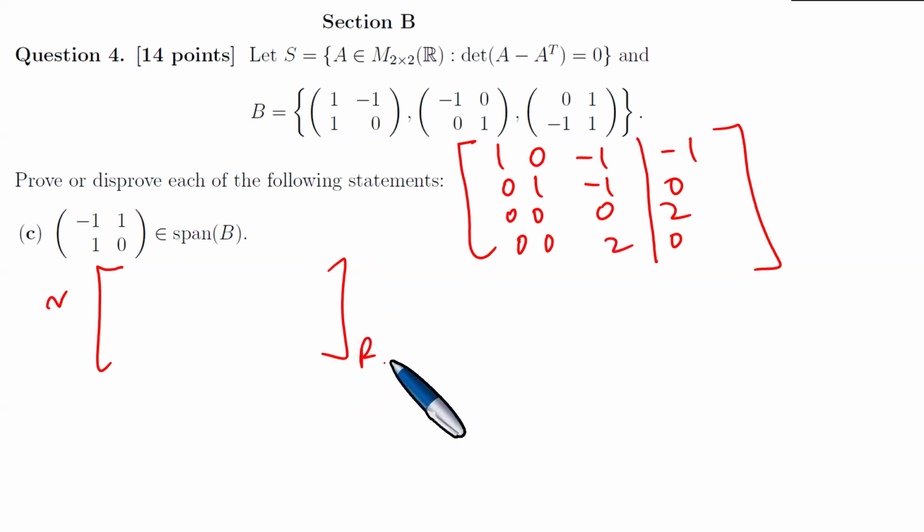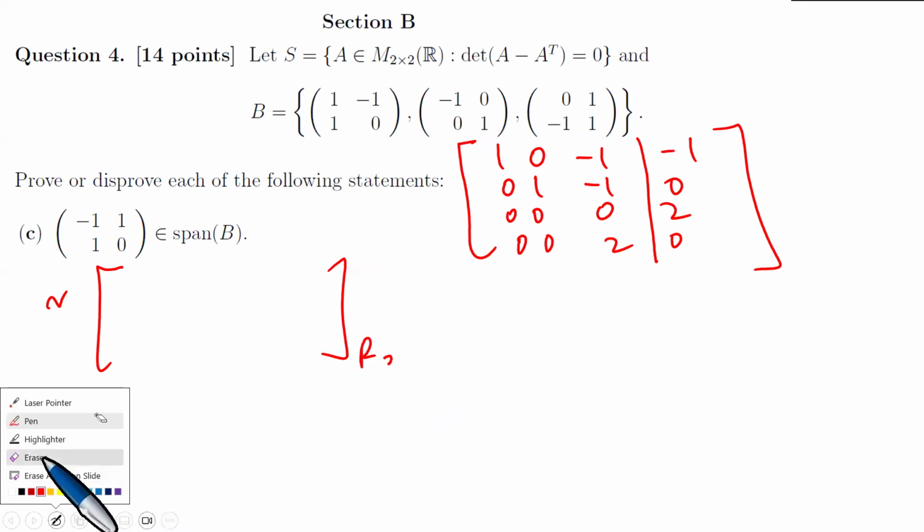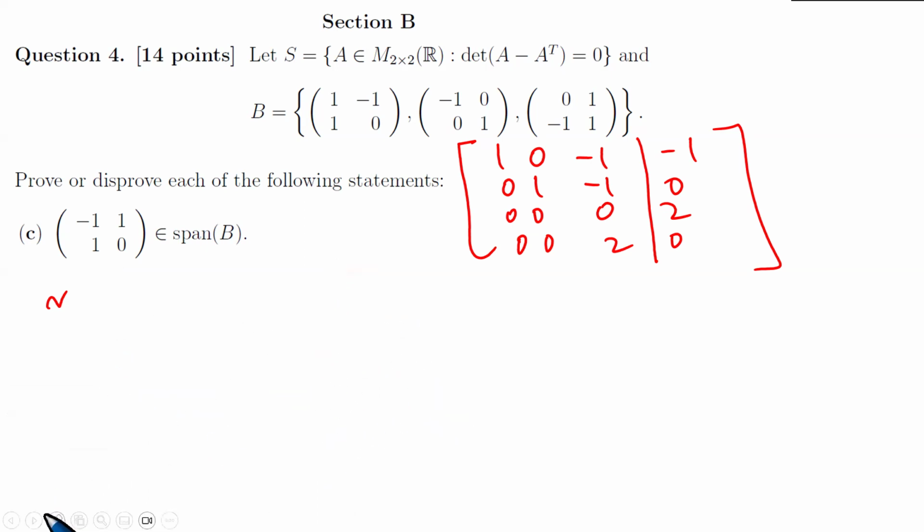All right, we interchange. Now we have row 4. We interchange row 4, because the practice is to put the 0 row at the bottom.